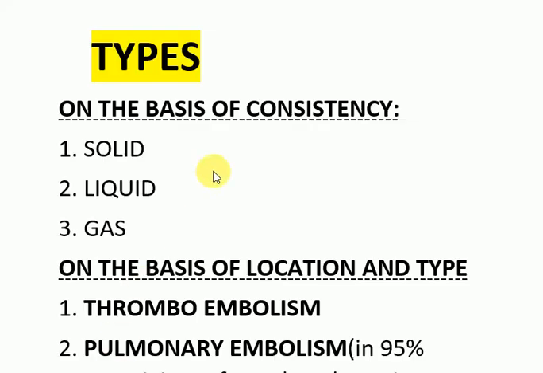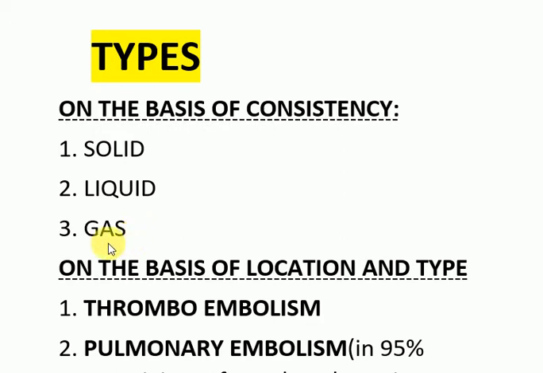The types of embolism on the basis of consistency: the embolus may be solid, liquid, or gas. Solid may be fragments of tumor, detached thrombi, foreign body, bits of bone marrow, atheromatous debris, or parasites. The liquid may be amniotic fluid or fat droplets, and the gaseous may be air in the syringe during IV injection or nitrogen bubbles.